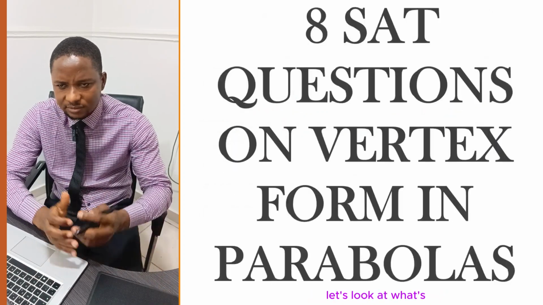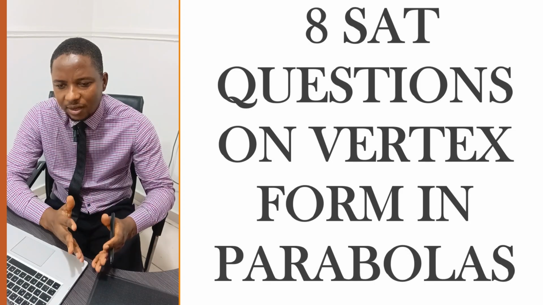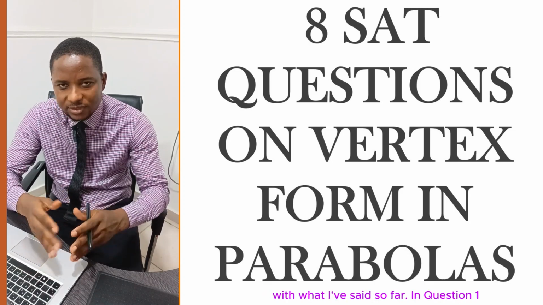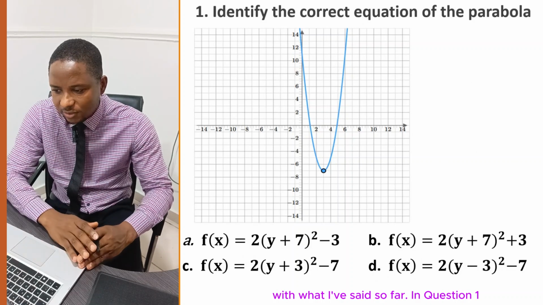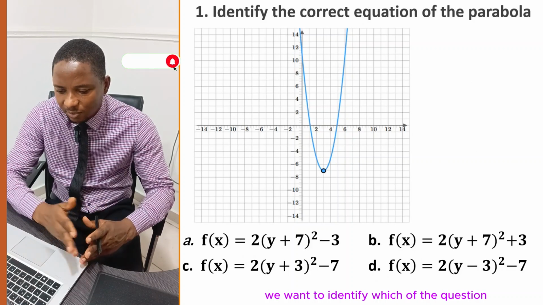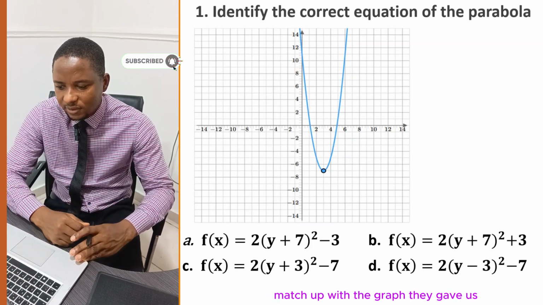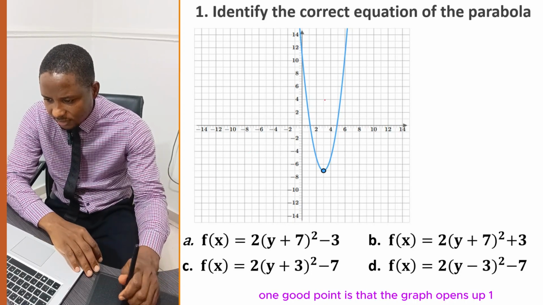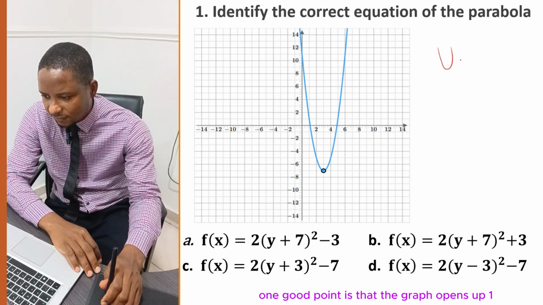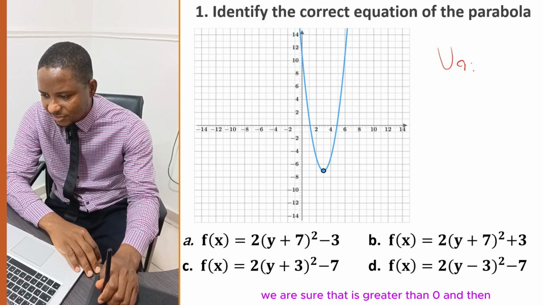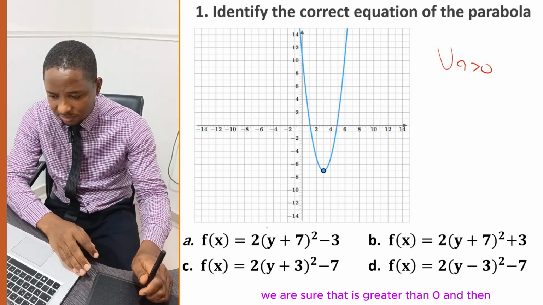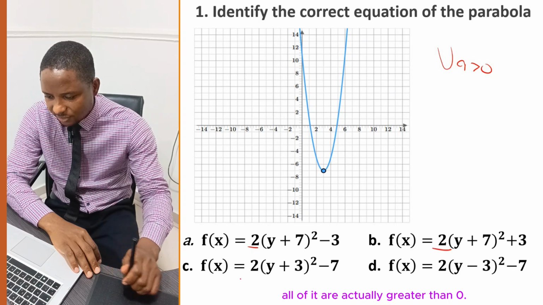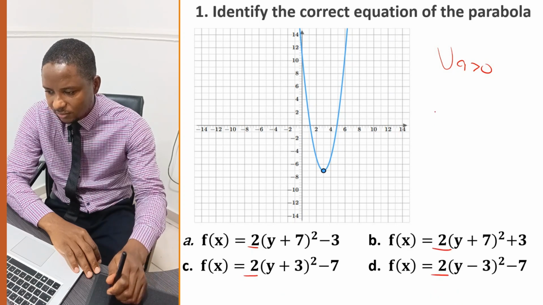Let's look at how to go about SAT standard questions with what I've said so far. In question 1, we want to identify which of the equations matches the graph they gave us. One good point is that the graph opens upward, and if it opens upward, we are sure that a is greater than 0, and all of the options are greater than 0: 2, 2, 2.